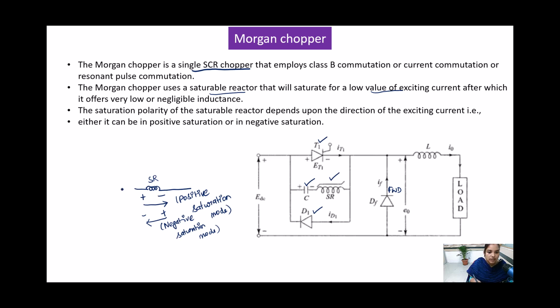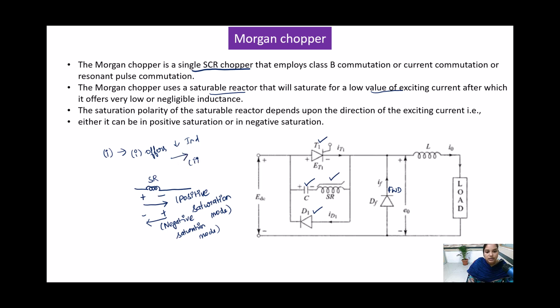Next, for the saturable reactor, I have to consider two conditions. The first one is when it is in saturation mode. When it is in saturation mode, it offers the minimum inductance, so more current will flow across the circuit, and inside the circuit we have high current flow.